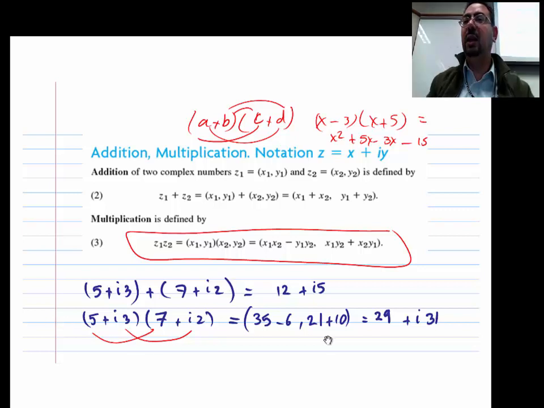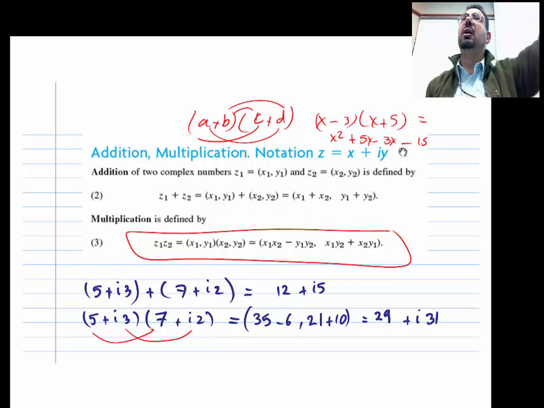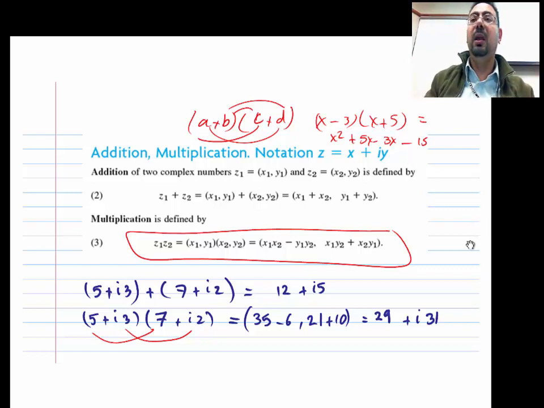I would rather just get the four terms like this, turn the i squared into minus 1, and add the real parts together and the imaginary parts together. But it's totally up to you. What we need from you is that at the end you give us the multiplication results. Right?